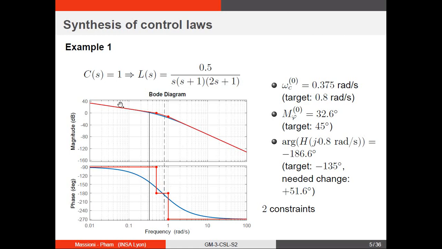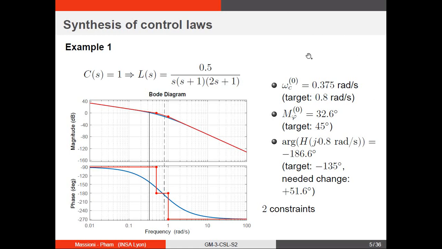So typically a proportional controller cannot fix this. Proportional controller will only add a scalar gain here, so it means lifting up the curve but not changing the phase. So we could achieve omega C, but with the wrong phase, which gives us an unstable system.